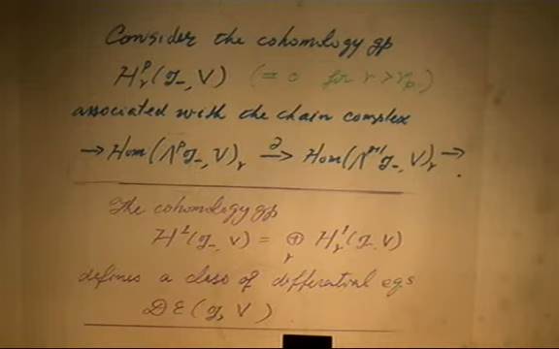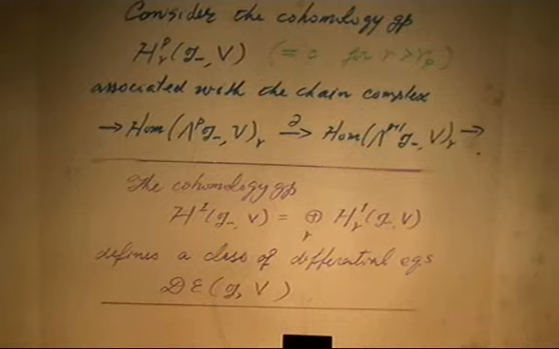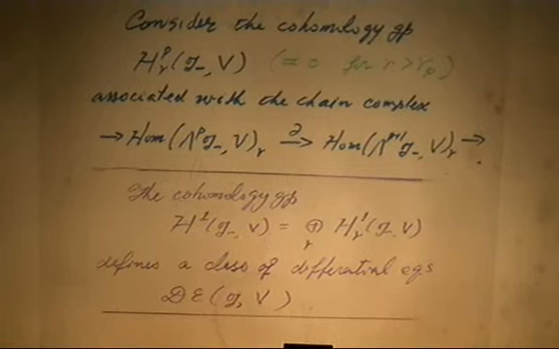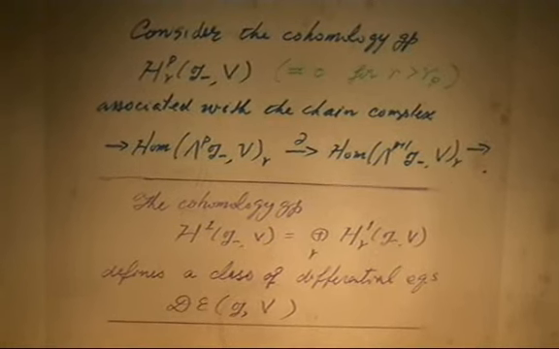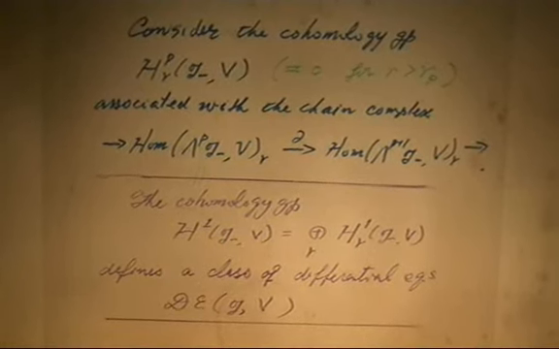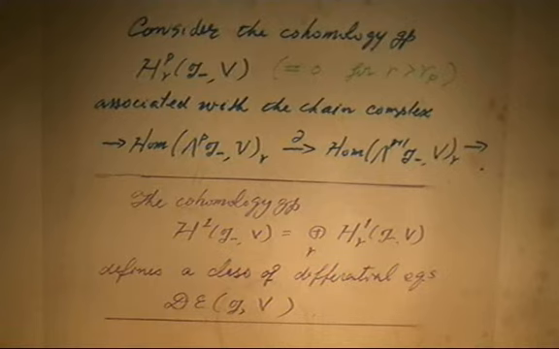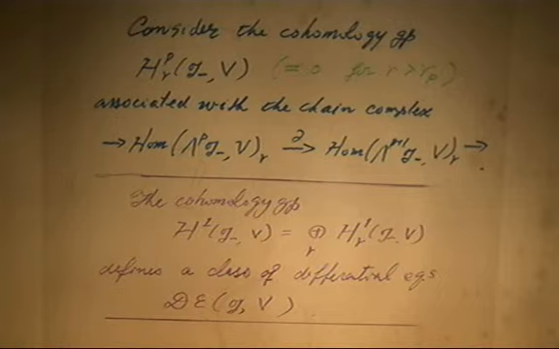So, very symbolically, I can say that the cohomology group H^1(G_minus, V) defines a class of differential equations. That is, given representations of G and V, the cohomology group H^1 in some sense defines a class of differential equations.